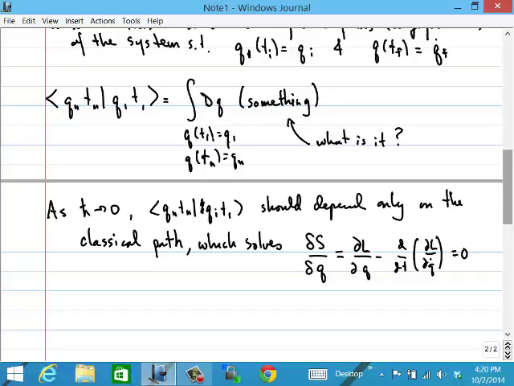So, in fact, now let me remind you, or if not remind you, teach you, an approximation method for performing simple finite dimensional integrals, which will immediately make it clear what sort of expression we should have for the something in order to have the property that in the classical limit you localize onto the path which solves the classical equations of motion. Okay? And that is known as the method of saddle points, otherwise known as the stationary phase method.